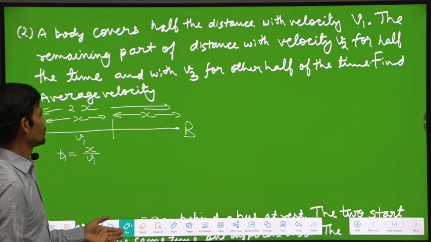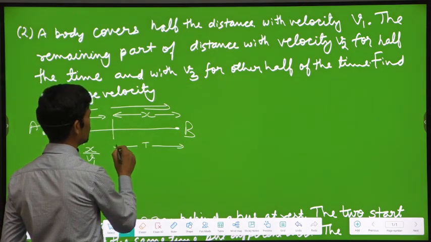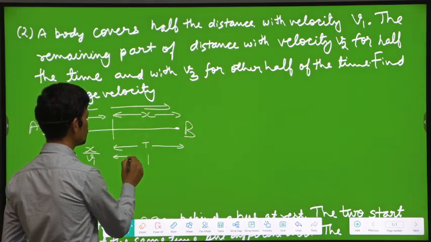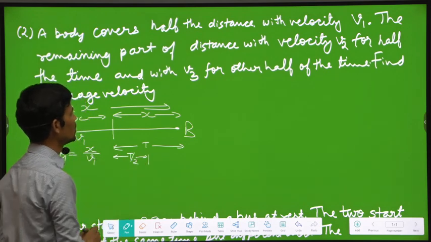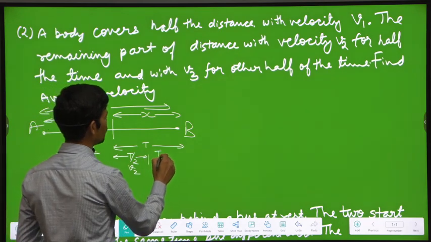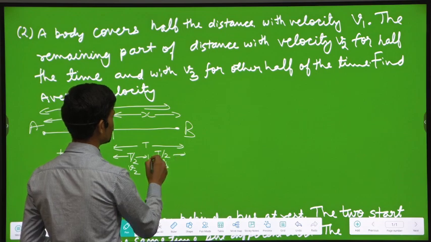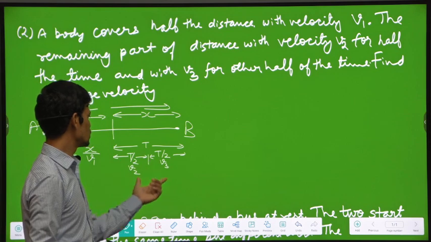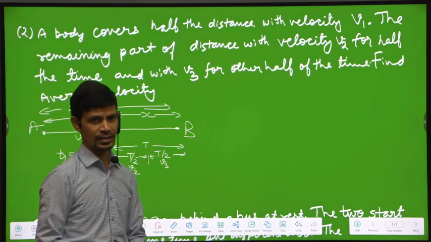If the time taken here is, let us suppose, capital T, then for half the time it has traveled with velocity v2, and for the other half of the time it has traveled with velocity v3. But that's for sure that in the time T it has traveled the distance x.